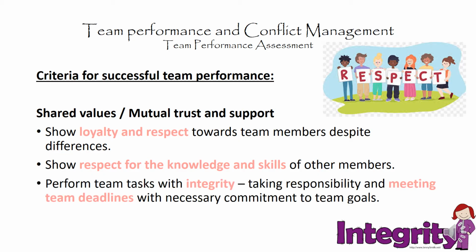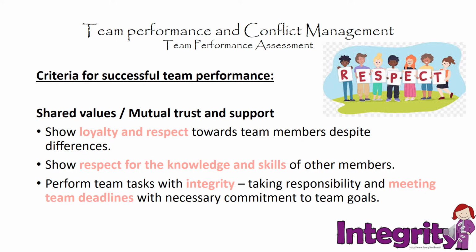Then, very important, perform team tasks with integrity. As I said, every person in this team needs to be committed, and every single person takes responsibility for his task within this team. Once we delegate tasks and everybody has a job to do, each team member has to take responsibility for that which was given to him, and we have to meet deadlines.